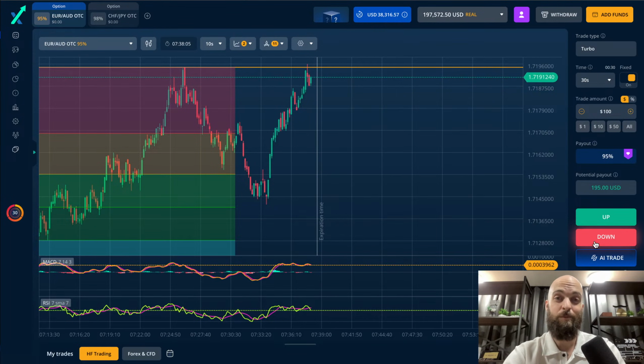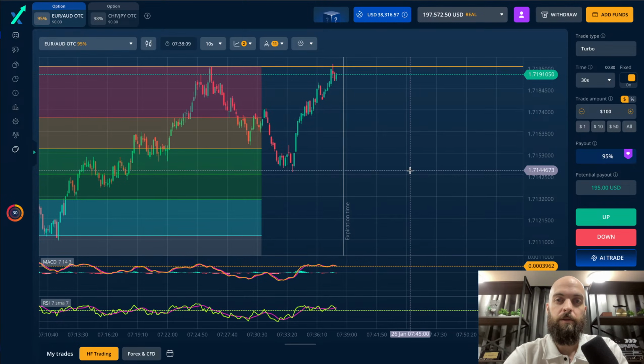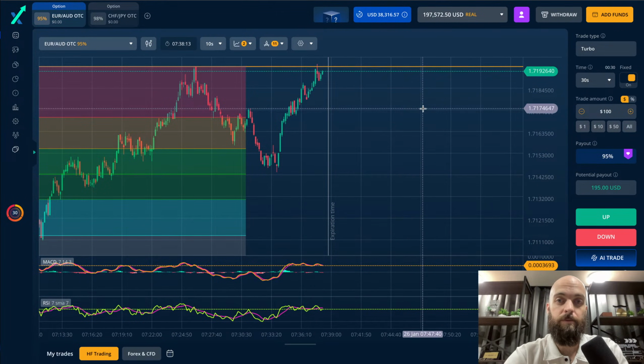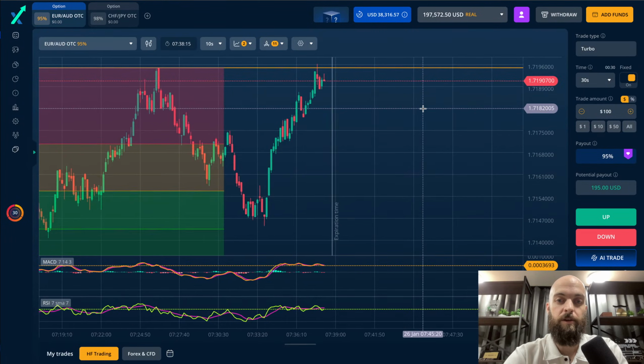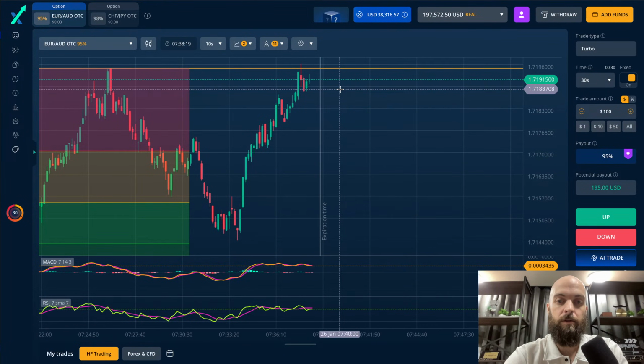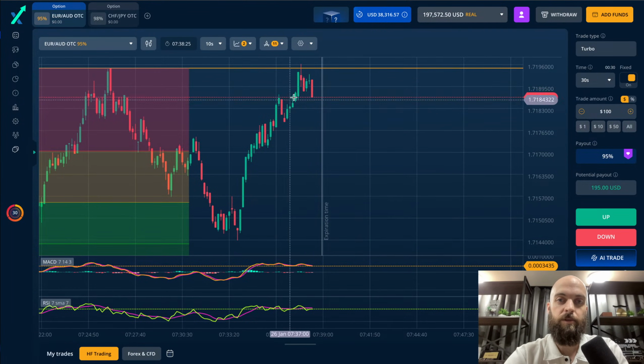Looks like momentum is pretty high on both. It could be strong enough that it might break through. I'm going to wait for a better signal, maybe another tap.